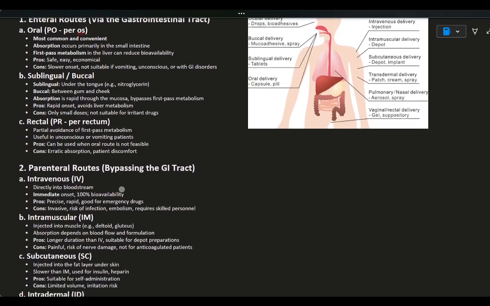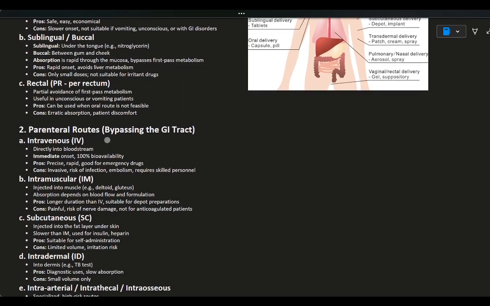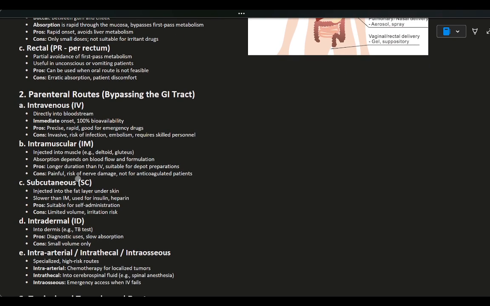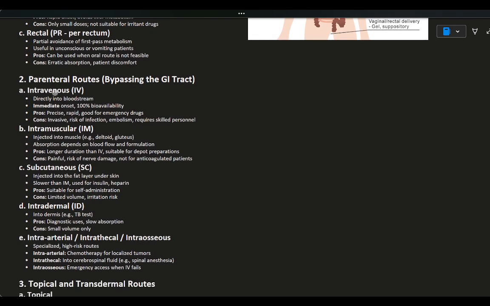Now we can talk about the parenteral routes, or routes that bypass the GI tract. These are some more common sets of drug administration routes. So the first route we have is the IV or intravenous route. This route involves administering the drug directly into the bloodstream. It has an immediate onset with 100% bioavailability, so it's good.